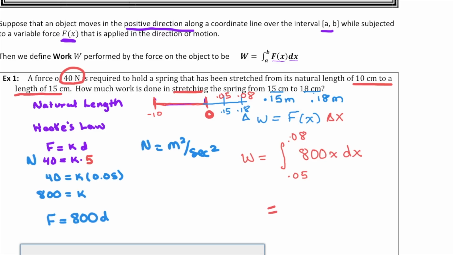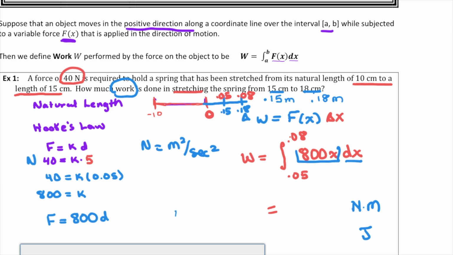How are we going to measure this? We know that 800x is newtons, so final units need to be newtons, and dx is measured in meters, so we have newton meters, but newton meters are just another way to say joules. So once you complete this problem, you will know how much work is done in stretching that spring from 15 centimeters to 18 centimeters.